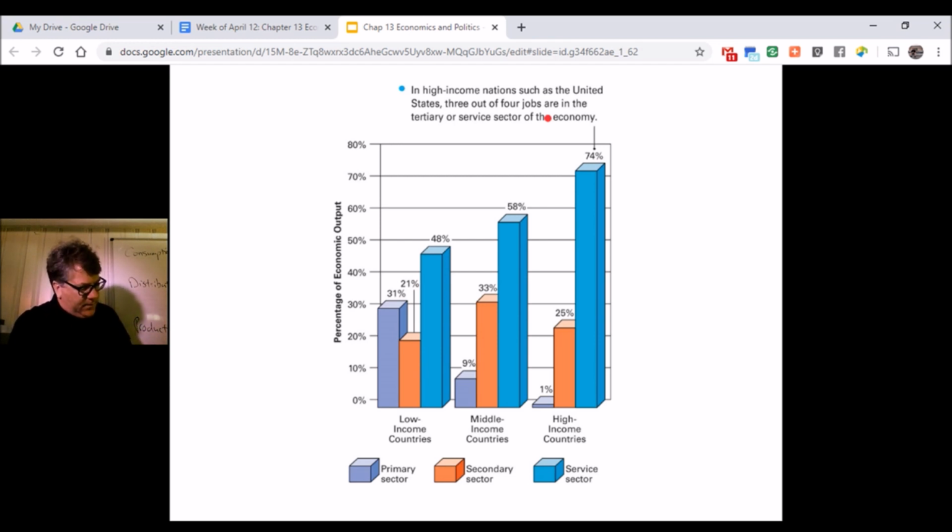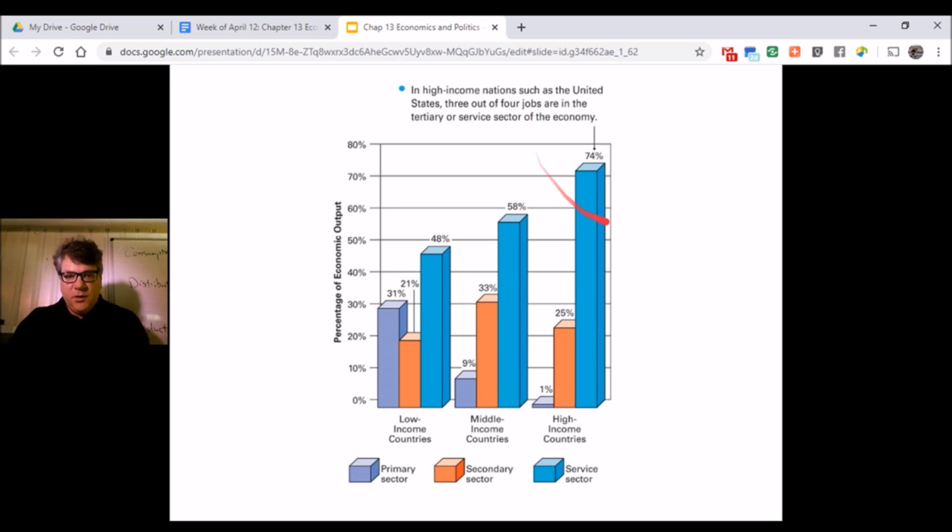I probably already passed it up. I can almost hear some of you screaming through the video what page this is on. This is back on page 372. Okay? So, let's point out a few things.